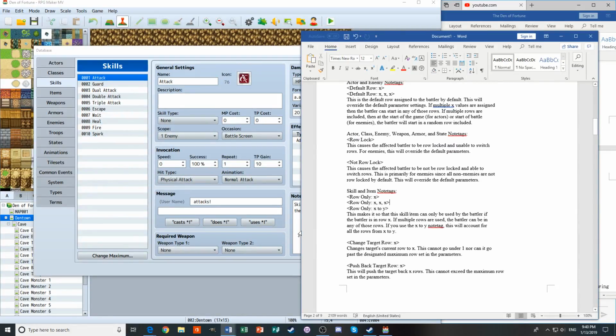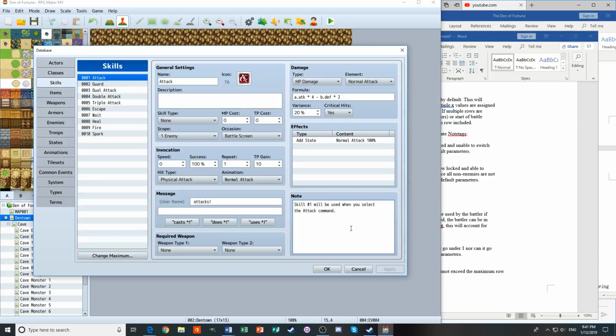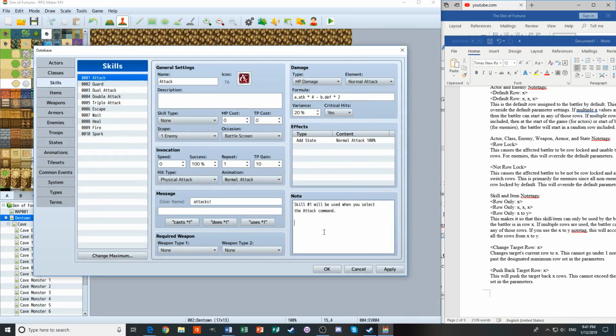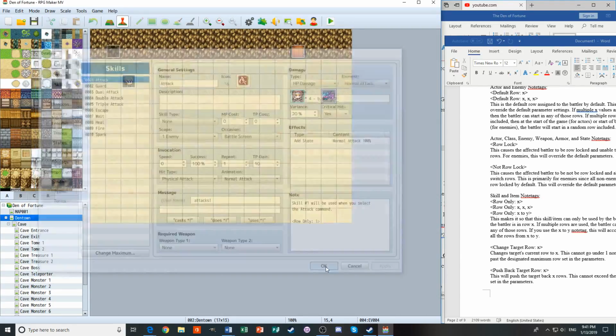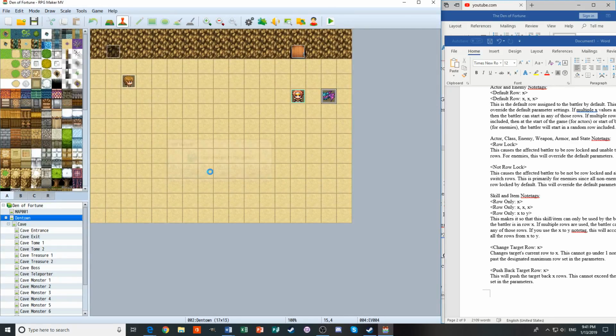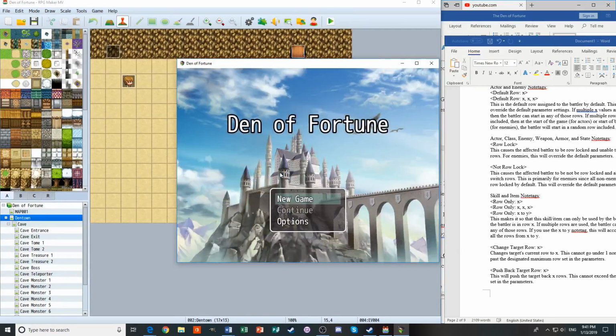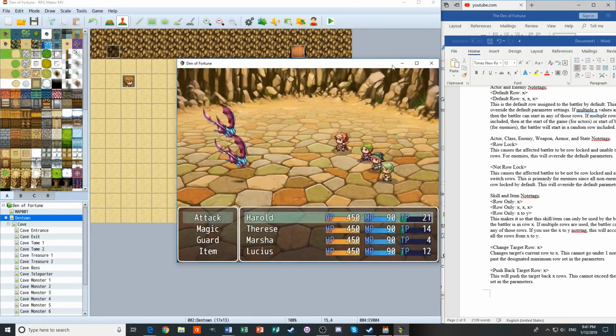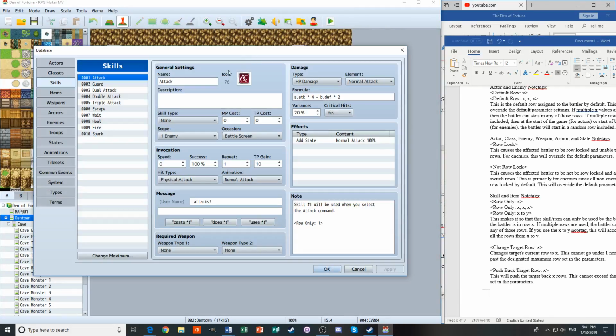So with this, I could, for example, put row only 1. And now, well, there's a couple of things I did wrong there.